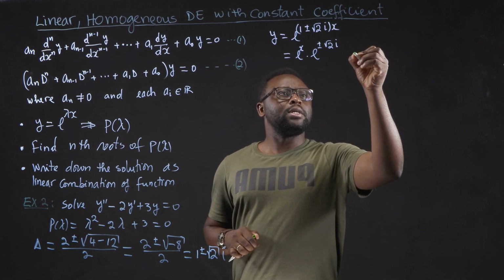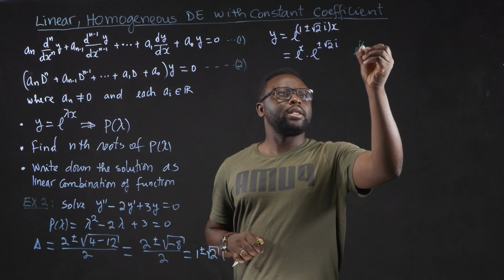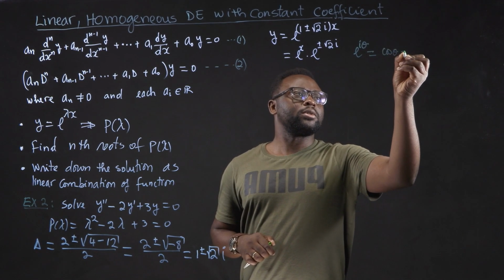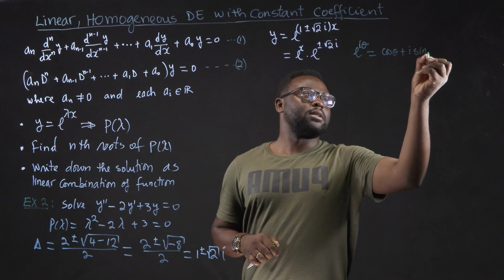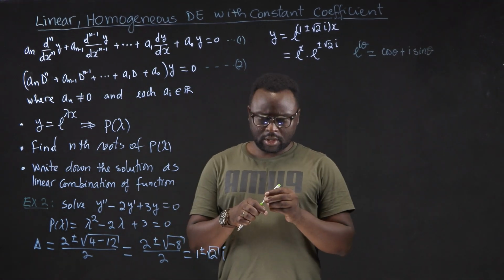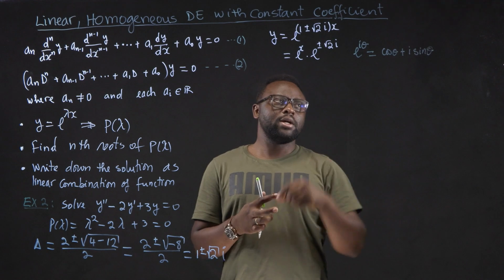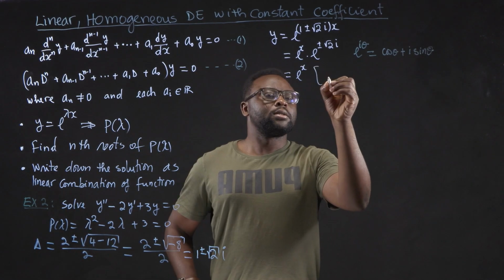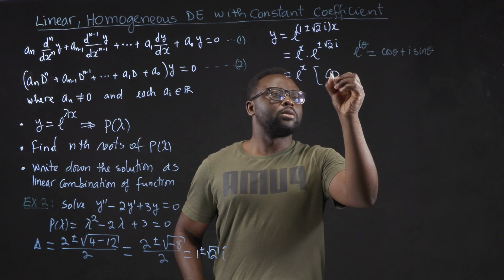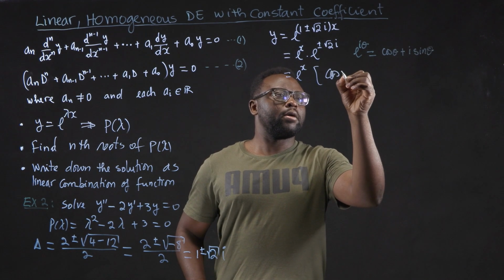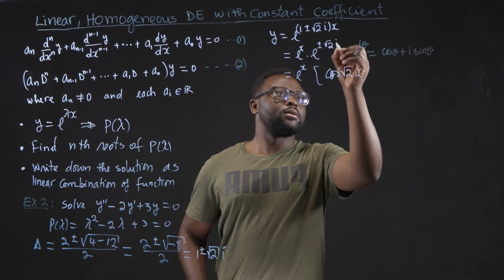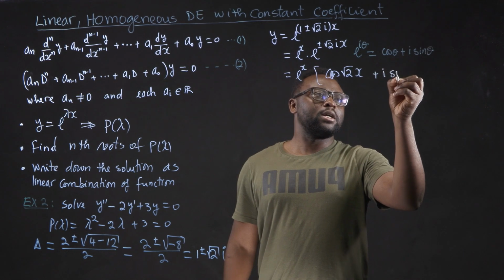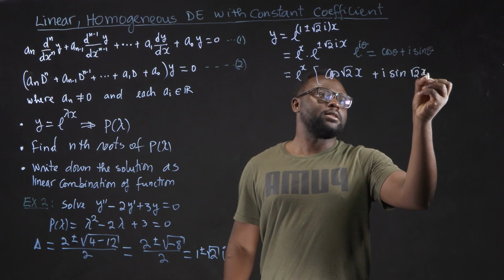Remember that e to the power i theta is equal to cos theta plus i sine theta. What does it mean? If I want to substitute here, we have the following: e to the power x times cos square root of 2x, there's x missing here, plus i sine square root of 2x.